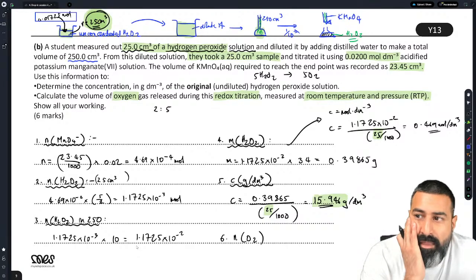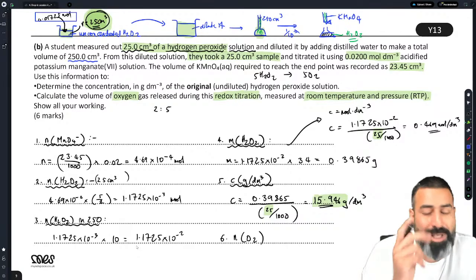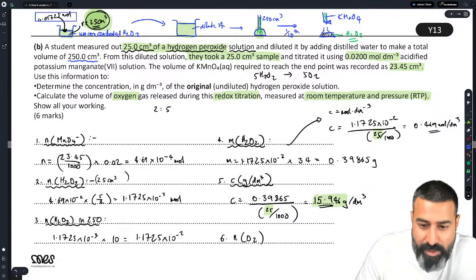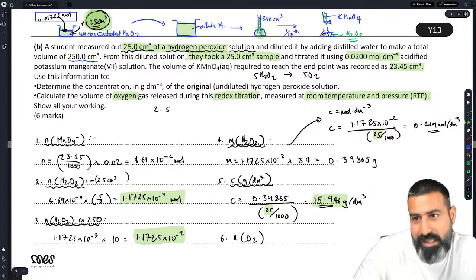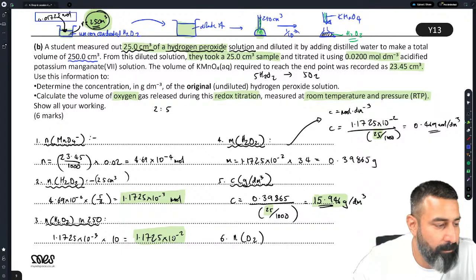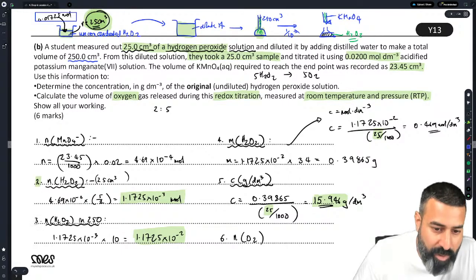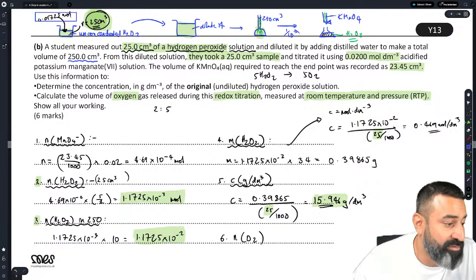But this is a good question. Which one am I going to use? Am I going to use that number or am I going to use this number? Because it's asking us about the redox titration that occurs. Am I going to use the number of moles from 2 or the number of moles from 3? Am I looking at it from 25 centimeters cubed or 250?